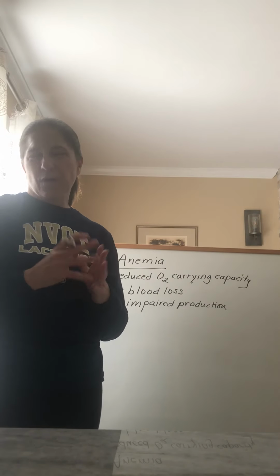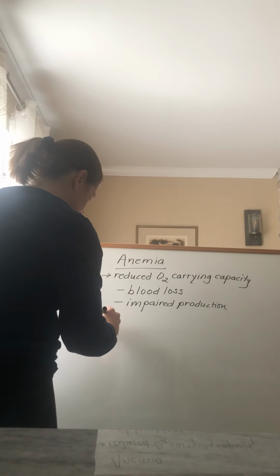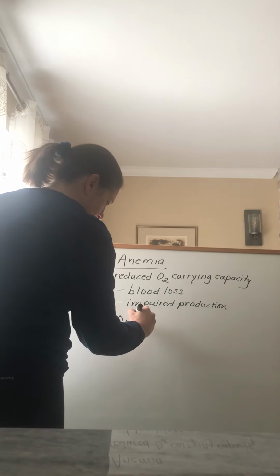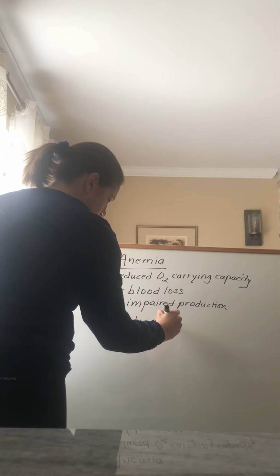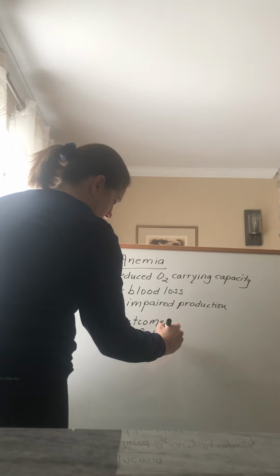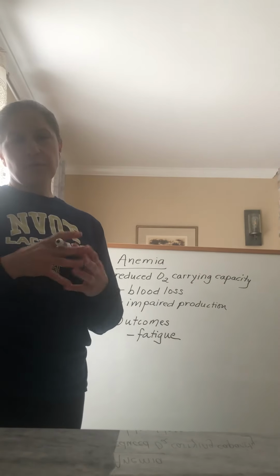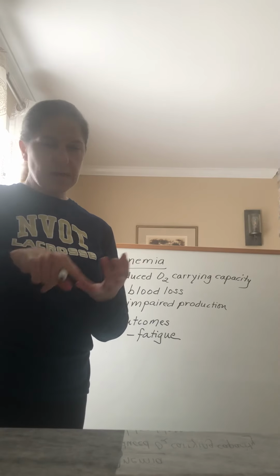So there's a lot of reasons why we could identify why someone has anemia. So what are some of the more common outcomes that we could discuss? Obviously, a big one would be fatigue. Someone is certainly going to be fatigued if they're not producing enough red blood cells or not carrying enough oxygen.